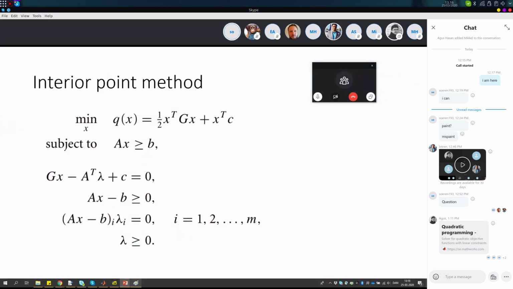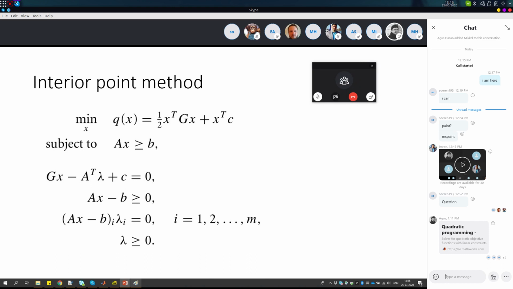So, let's discuss the algorithm. I actually just mentioned to you before that you have two main algorithms. The first one is active set, but active set is not used anymore by many people.